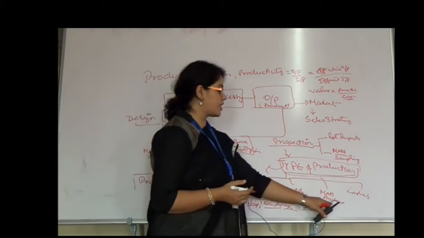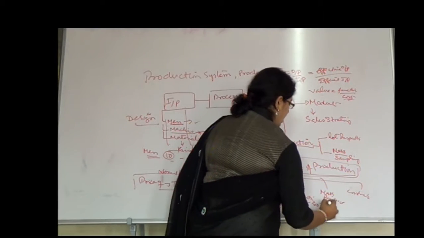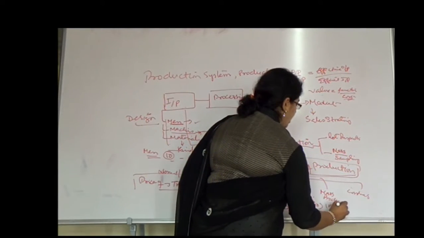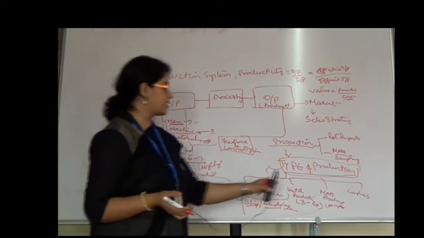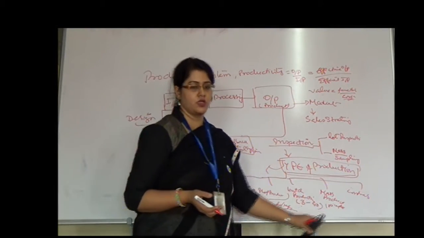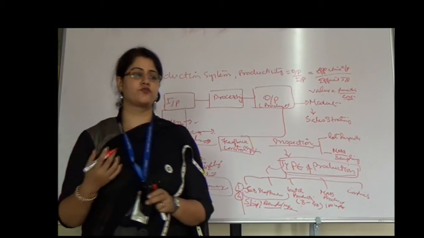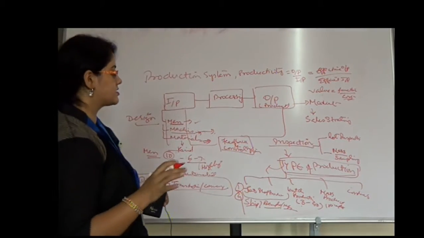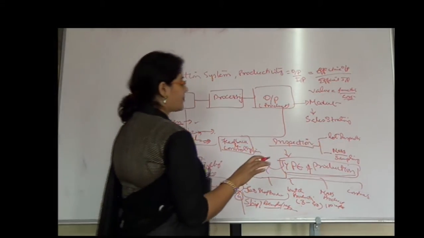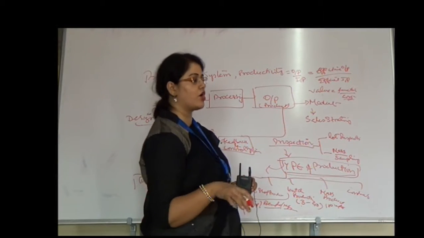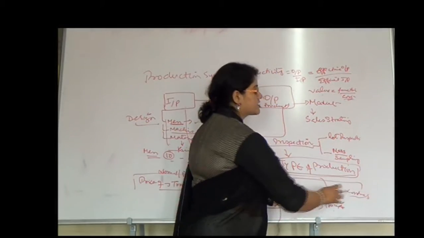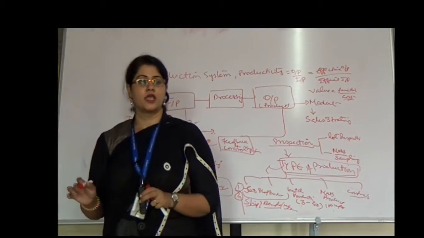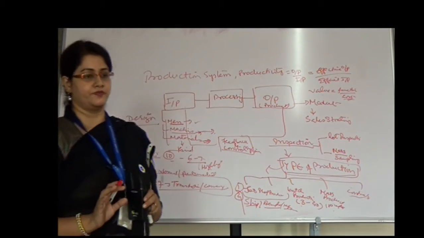And in mass production, you have bulk above 100, going up to 10,000, 10 lakh; it all comes under mass production. Like production of chocolates, toffees, or other examples like pen, pencil, duster, chalk, it all comes under mass production. And you have continuous production. Continuous means that its supply will not stop.